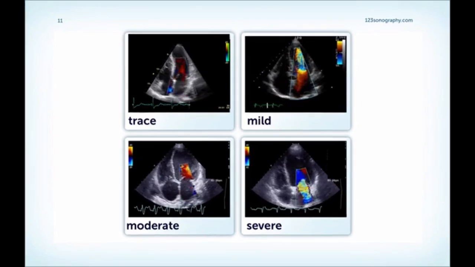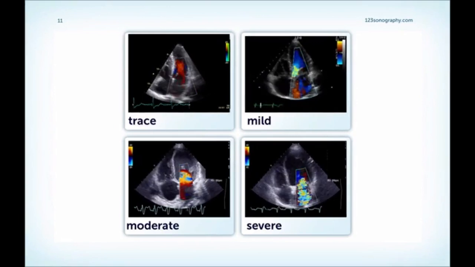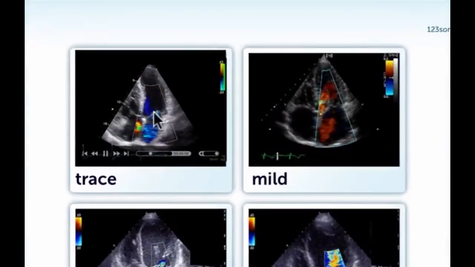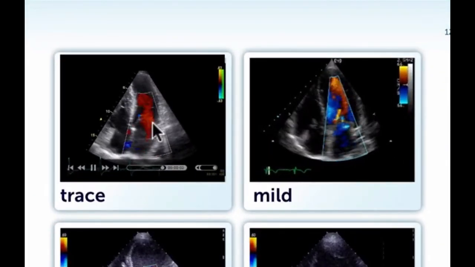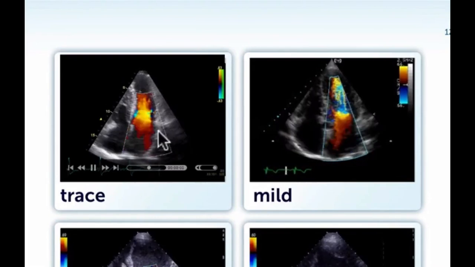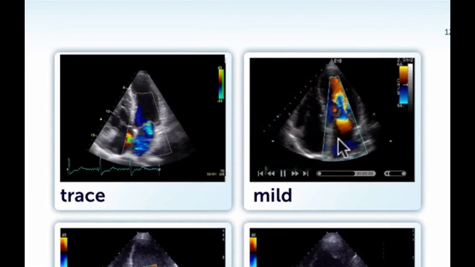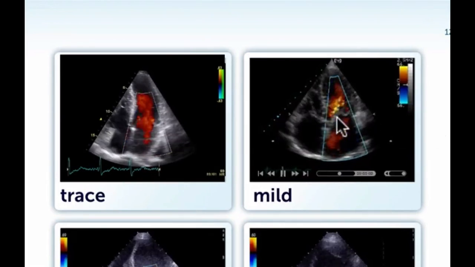So here are some color Doppler images so I can show you how to quantify regurgitation. Trace. You can hardly see the jet. You can't see vena contracta. You can't see flow convergence. Very small jet. Mild. You can barely see the vena contracta.